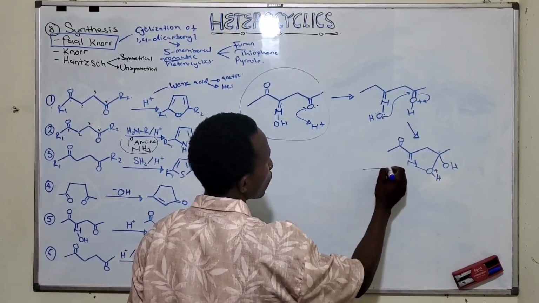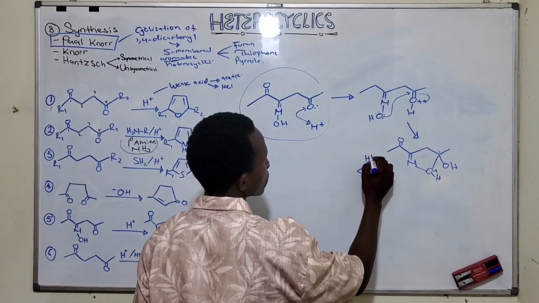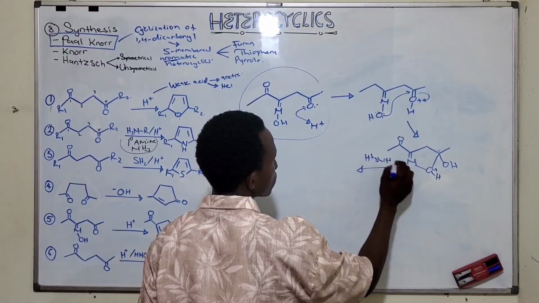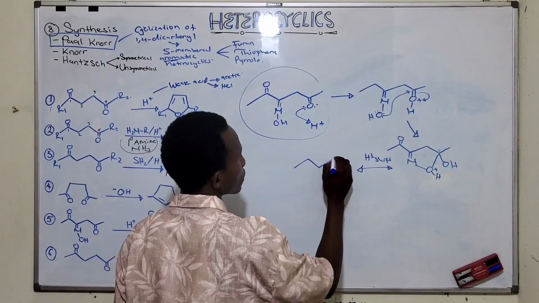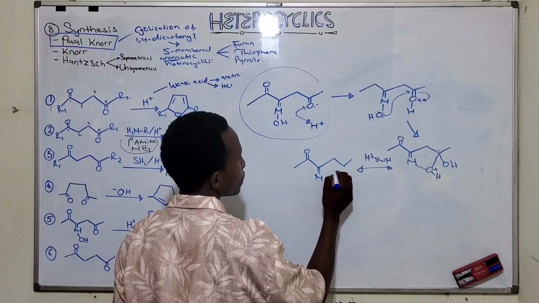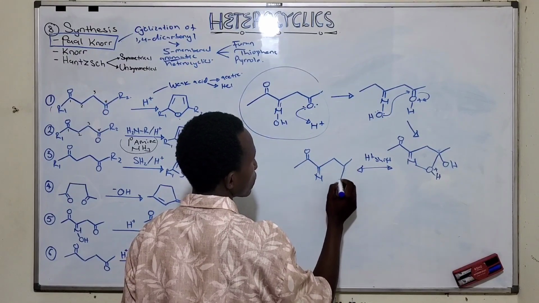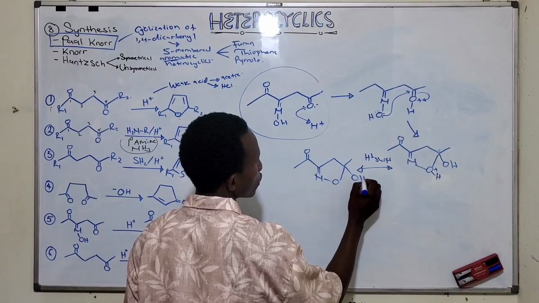Now here we shall have a proton shift. This hydrogen will go to this oxygen. So we shall have this, N with now this oxygen and OH2.